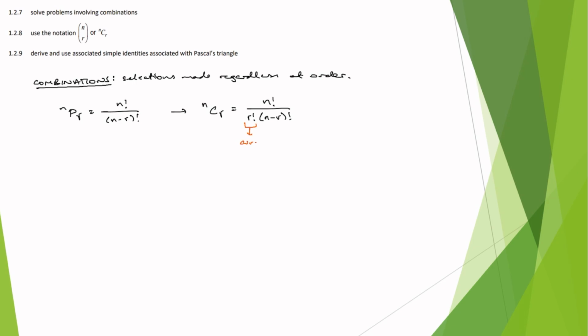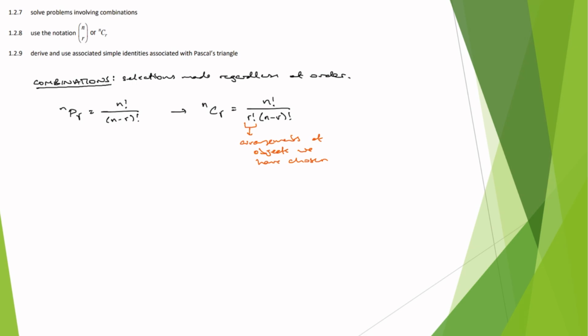This is the arrangements of objects we have chosen. So essentially what the combinations formula does is it's the same as the permutations formula, except we divide out the order, the arrangements, because in the case of combinations, we don't care about the arrangements.